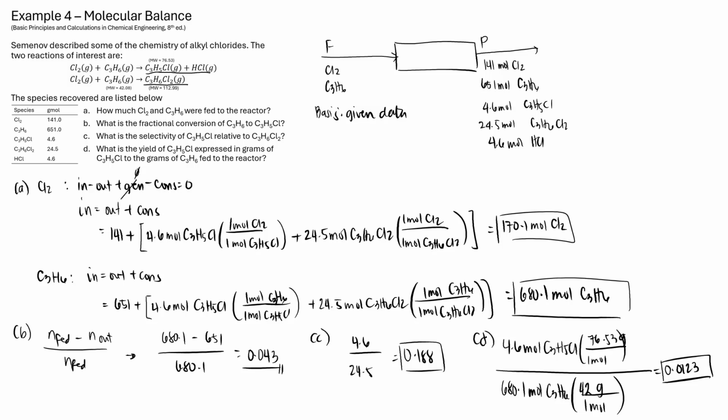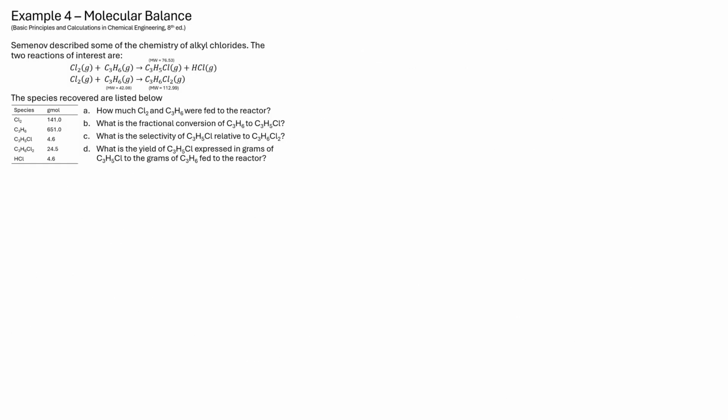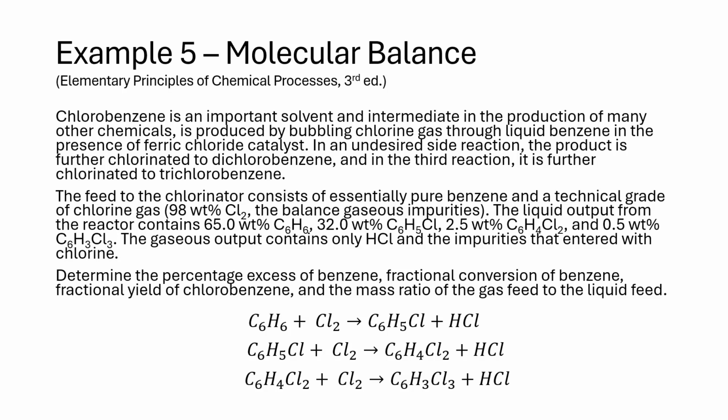Okay. Last one for molecular balance. So it's the production of chlorobenzene from benzene. It just describes the process of bubbling the C6H6 in chlorine gas, and then the subsequent reactions. The feed to the chlorinator consists of essentially pure benzene and a technical grade of chlorine gas, 98 weight percent Cl2.